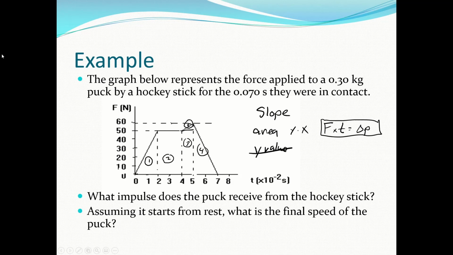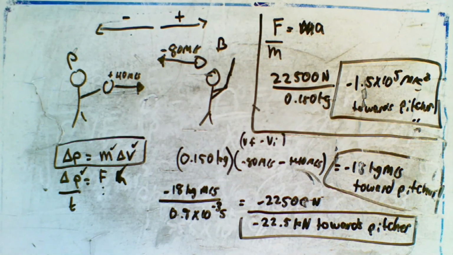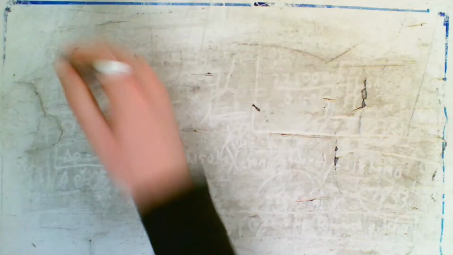So I'm going to switch again to my whiteboard. And what we need to do is find the areas of all of those. To find the areas of all of those, we just need to know if they're a triangle or a rectangle. So the first one is a triangle.